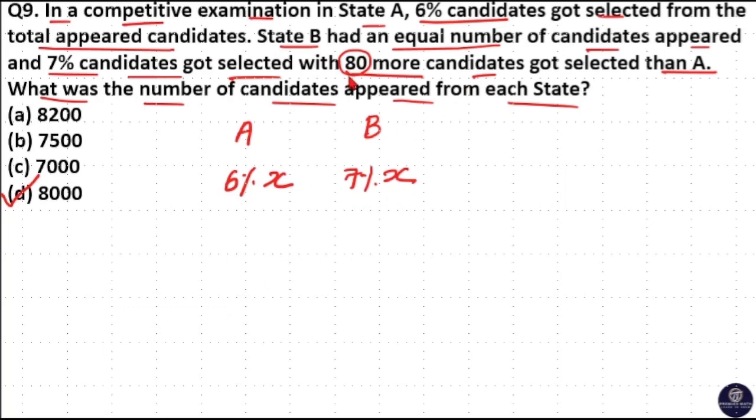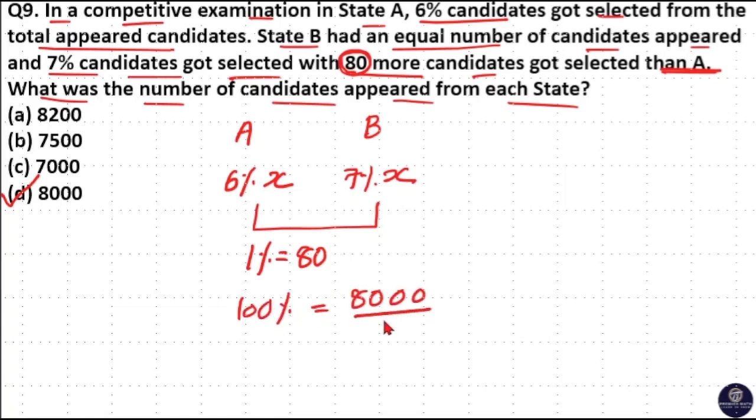Now, state B had 80 more candidates selected than A. That means the difference between these two states' selected candidates is 80. That is 7 minus 6, 1% is 80. Then 100% is 80 into 100, 8000. So option D is your answer.